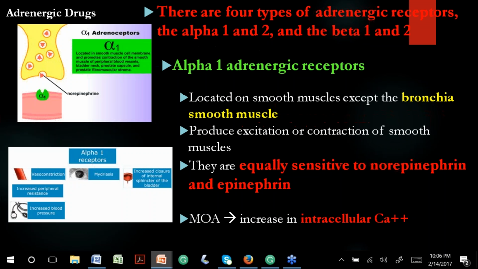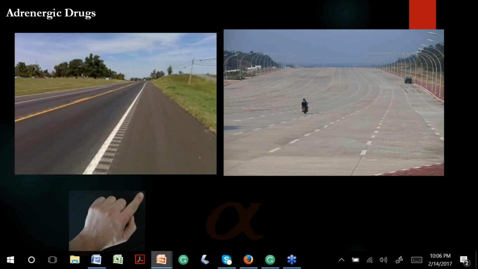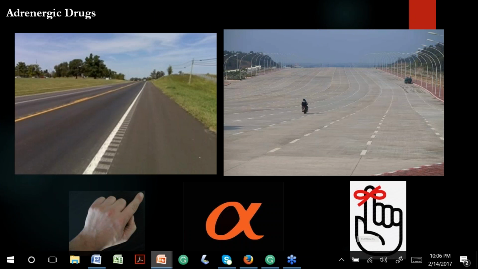Here we will talk about the alpha 1 receptors, and I'm going to make some remarks to summarize what we already know between alphas and betas. Alphas and betas are distributed all over the body. Alphas we mostly divide in alpha 1 and alpha 2.